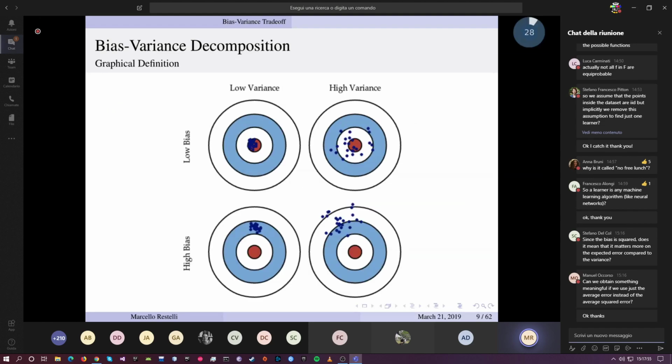Here in this picture, you see a picture that summarizes this concept. On the top left of this picture, you see a case where you have low bias and low variance. This means that you have a target and you are throwing darts to the target, and if you have a low variance and low bias, you are consistently good in centering the bullseye of the target, and so it means that you are very good.